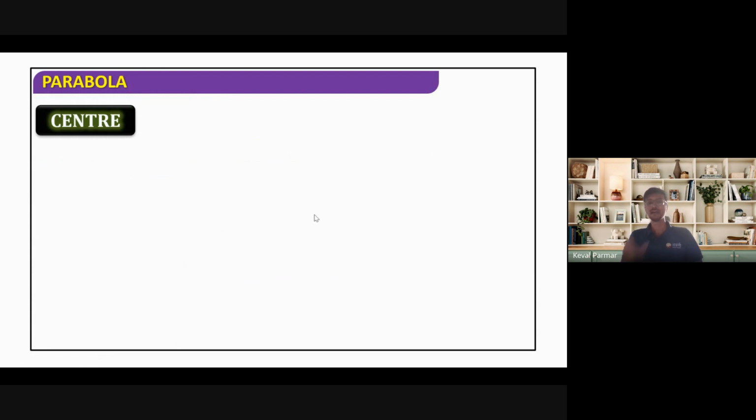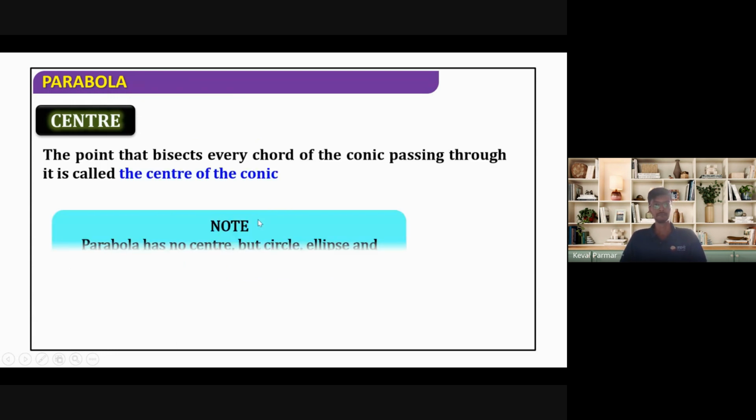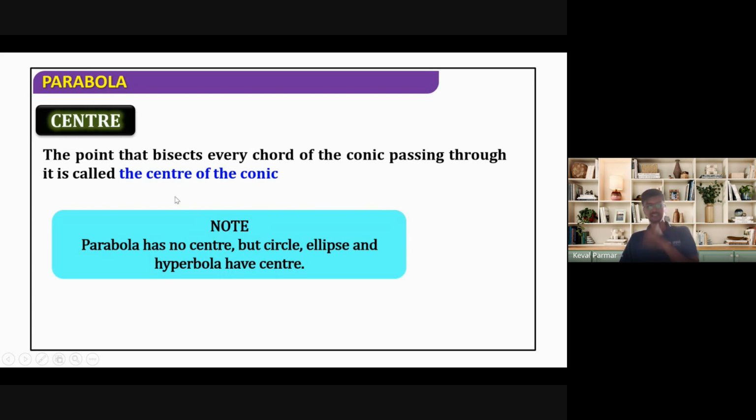Circle is a symmetric figure from every direction, symmetric about x-axis and also about y-axis. But parabola is not symmetric about y-axis. It is only symmetric about x-axis. The point which bisects every chord on the conic is called a center. So parabola has no center, but circle, ellipse, and hyperbola have centers.